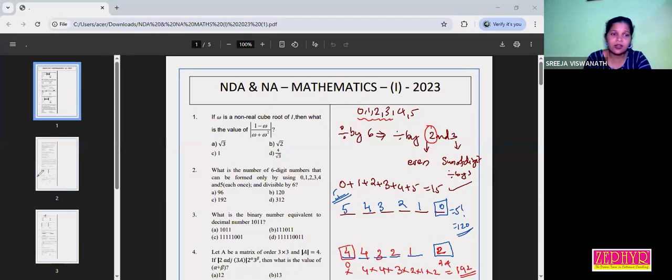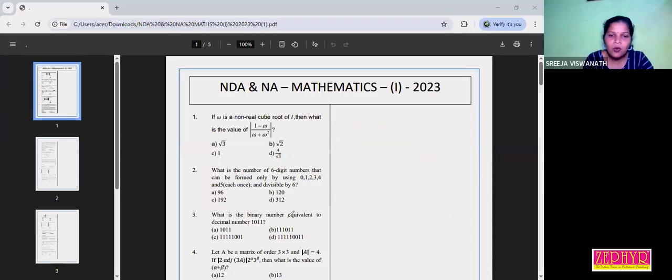Next question. Already I discussed how to convert a binary number, how to convert a number to binary and reverse. Here, what is the binary number equivalent to 1011?